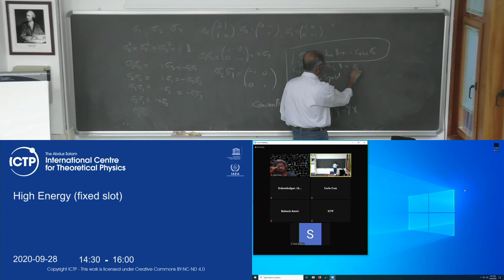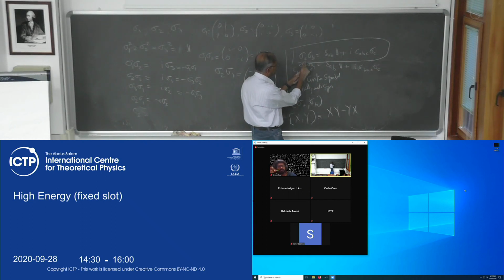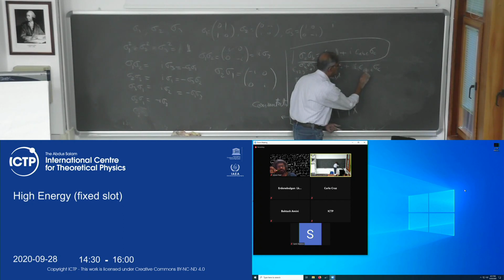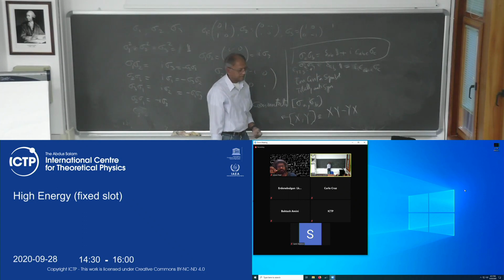But here it should have been i epsilon BAC sigma C, because this is for any A and B. So I just call this A, B, and that A becomes B and A. But now I use the fact that epsilon is totally antisymmetric, so I can rewrite this as AB and change the sign.